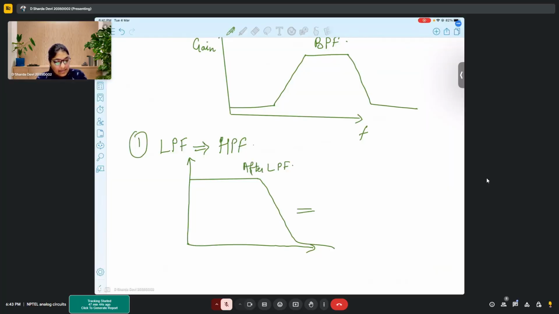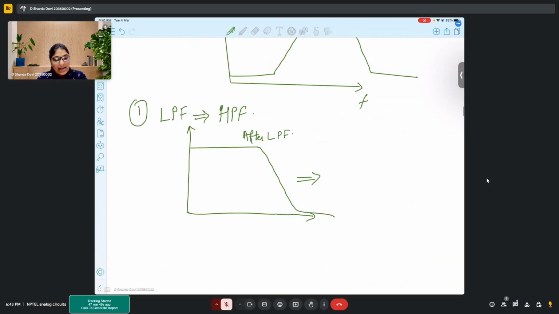Correct? Now after this, I'm going for a high pass filter.